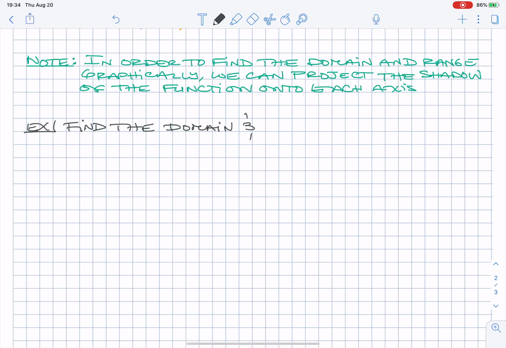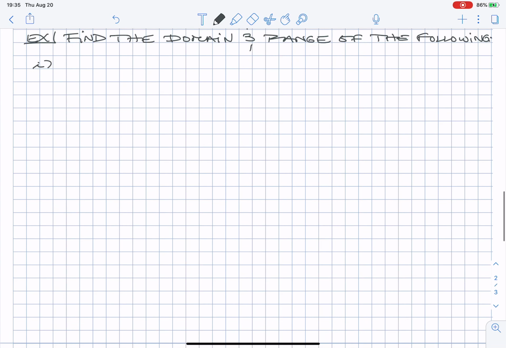So, the domain and range of the following. Okay, so number 1, x and y coordinate axes.